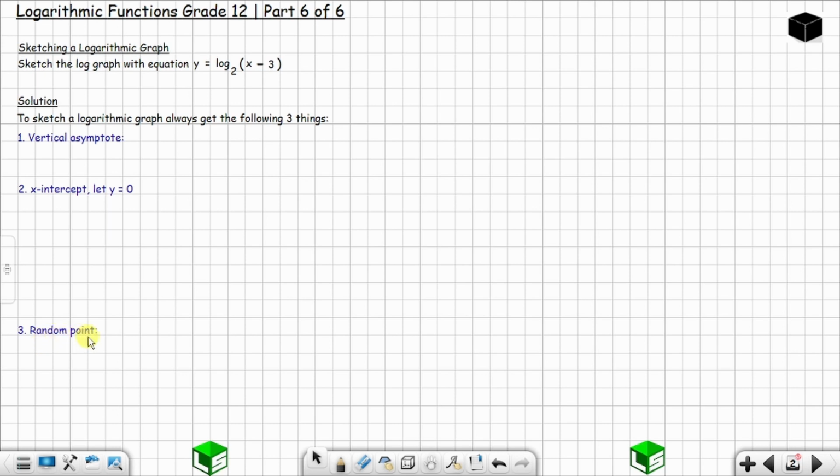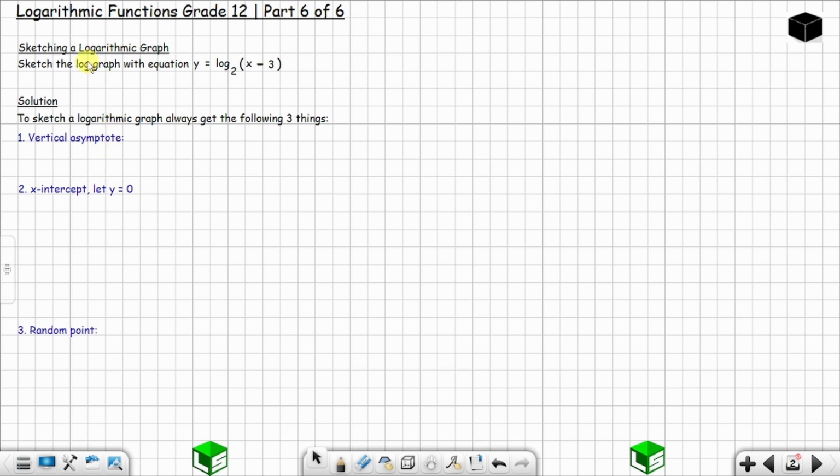A logarithmic graph will always have a vertical asymptote, and it will always have an x-intercept. In the case of an exponential graph, you also need to get three things: a horizontal asymptote, the y-intercept, and a random point.